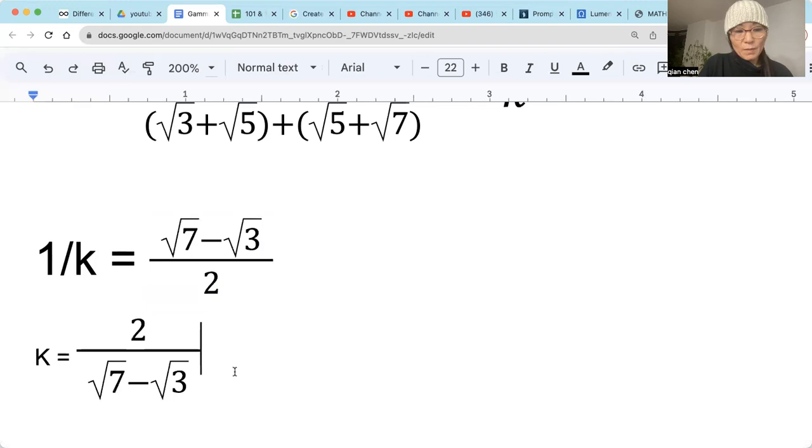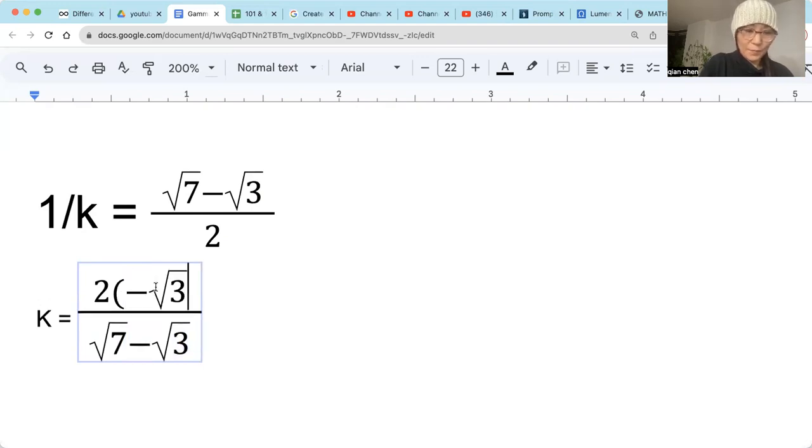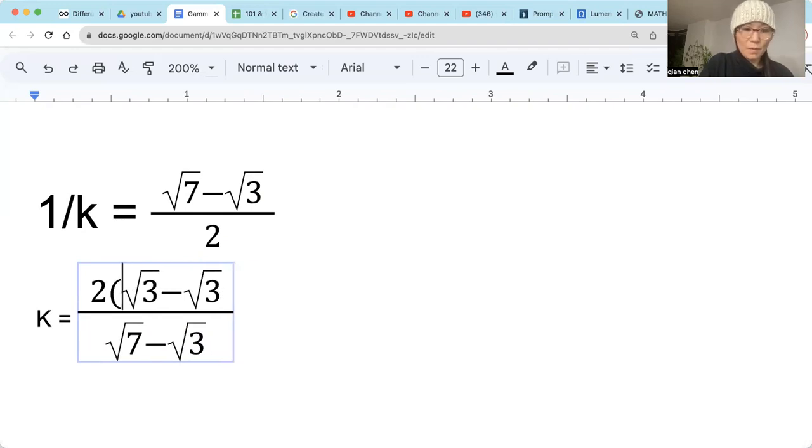But this, we have to simplify it. We have to rationalize the denominator. So again, I'm going to multiply by its conjugate. Its conjugate is the square root of 7 plus square root of 3. Because it's minus, its conjugate is plus.